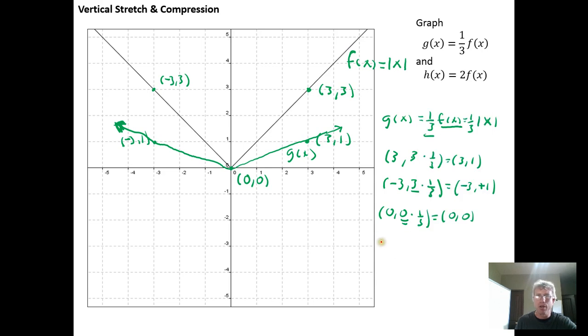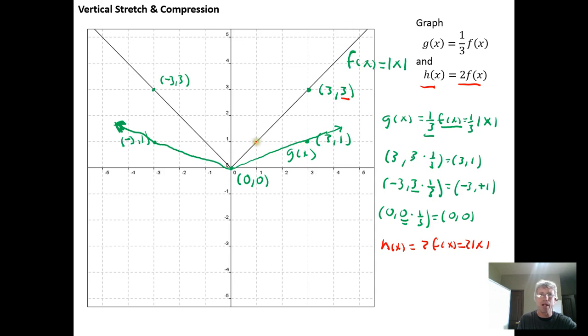We're making a function h of x that is twice f of x. So just 2 times the absolute value function. So again, we're going to take lattice points. Now here, if I double the 3, I'm going to be off the paper.